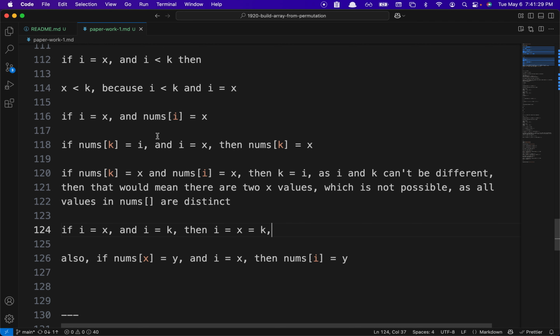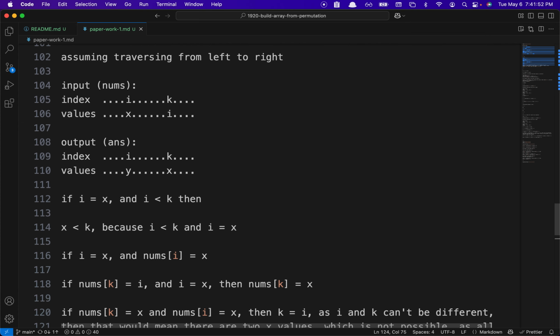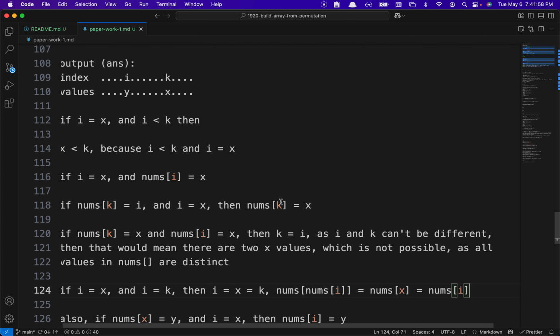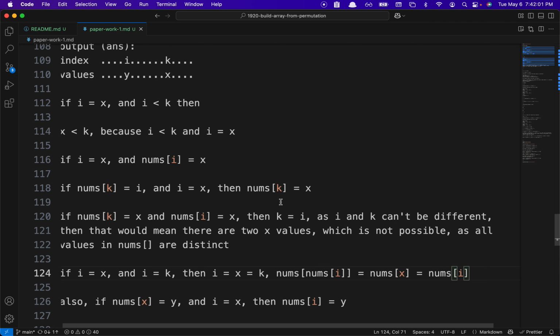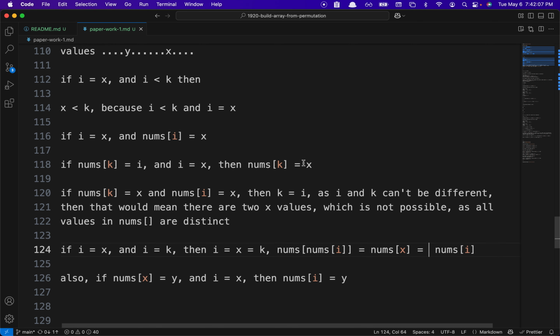And we're saying nums of i is equal to nums of x is equal to nums of i. This is equal to i actually, which we spoke about before. And we are also saying that it is equal to nums of x.